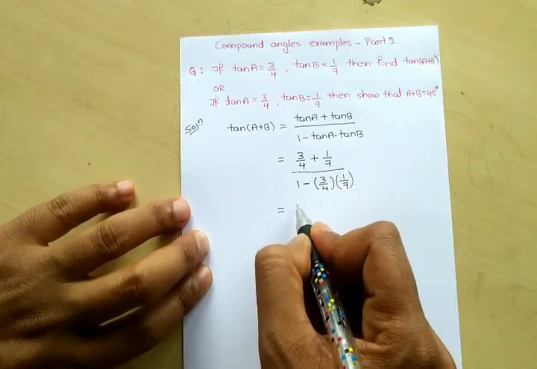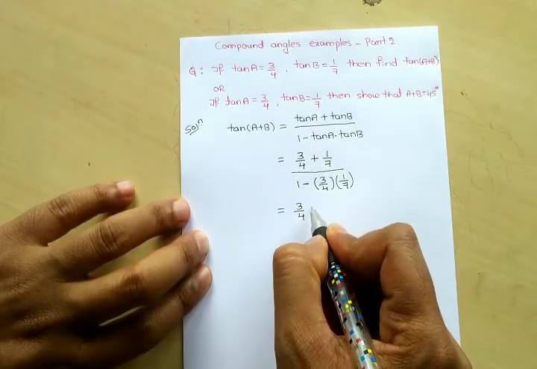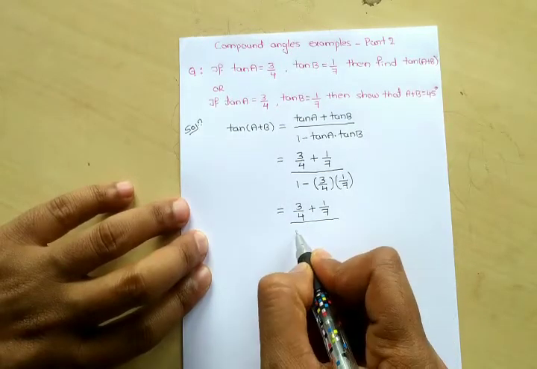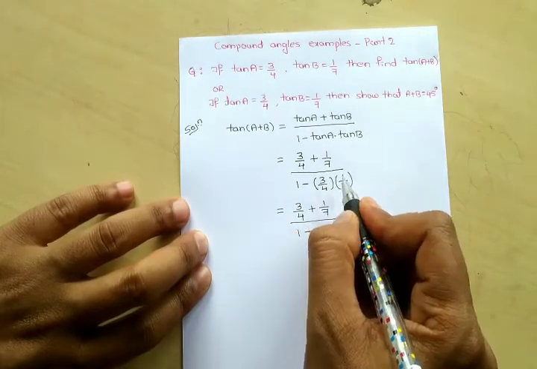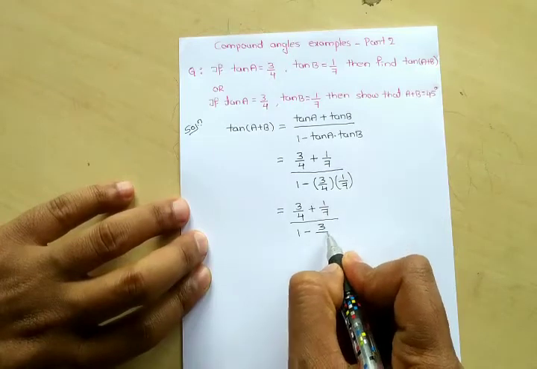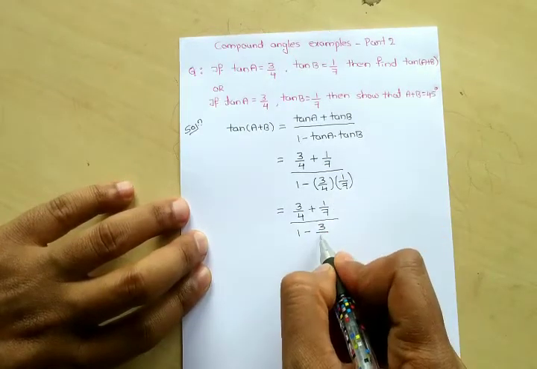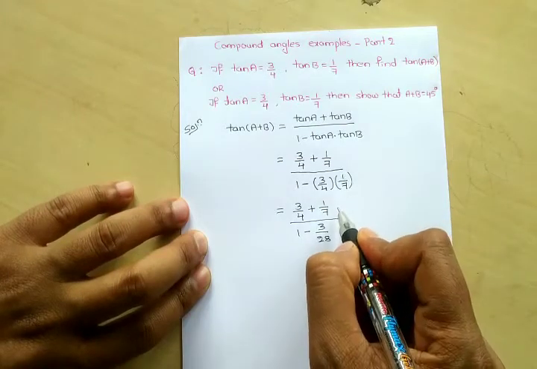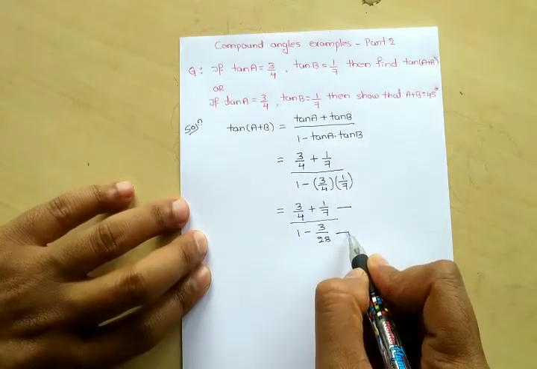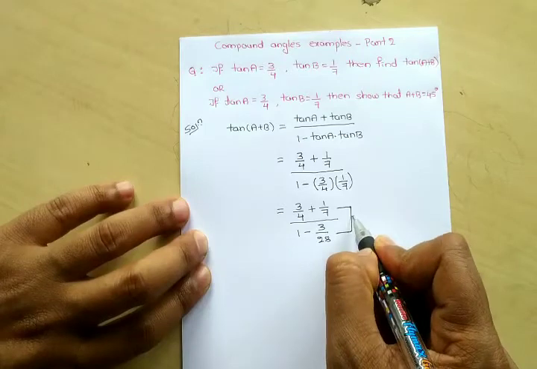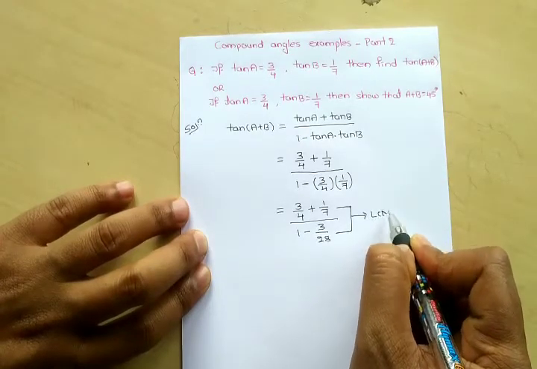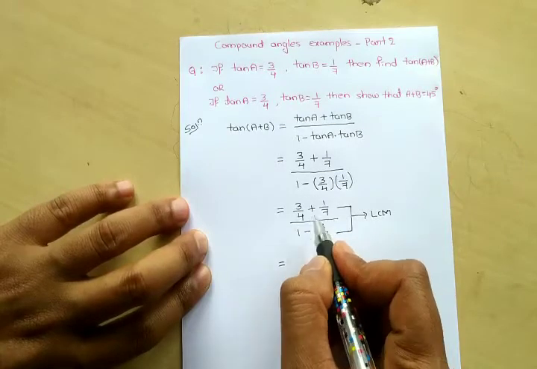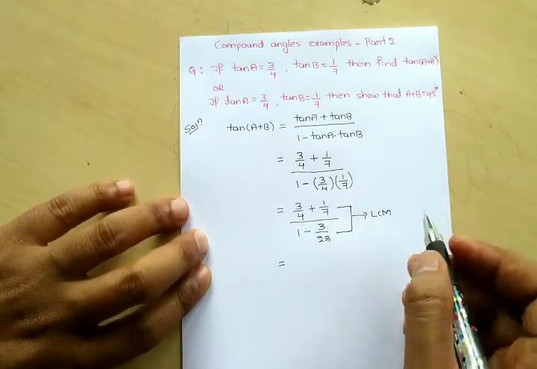So next, I am going to do the simplification first. Numerator keep as it is, 3 divided by 4 plus 1 divided by 7, divided by 1 minus 3 into 1 is 3 divided by 7 into 4 is 28. Correct. So next step, in the numerator as well as in the denominator, you need to take the LCM. Four and 7 LCM is 28.